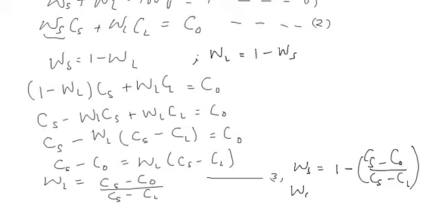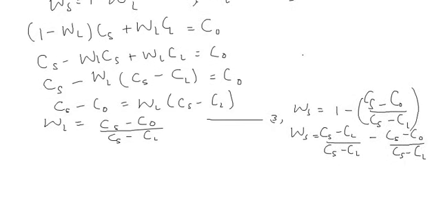So you have ws is equal to cs minus cl over cs minus cl. This makes both of them have the same denominator, so you can fuse them together and simplify. When you fuse them together, your ws comes out to be, since they have a common denominator, cs minus cl. So even if you divide this by this, it will still give you 1.